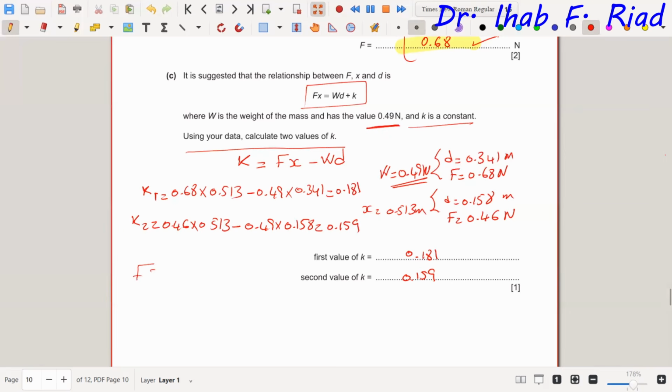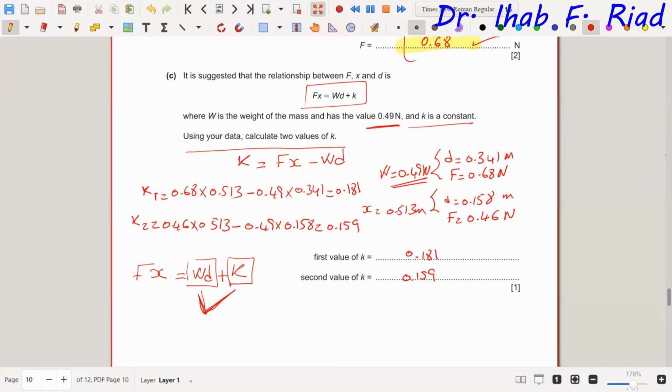So if X equals WD plus K, we know that if we have two quantities added together, they need to have the same units, isn't it? Yes. We cannot add time with length, right?